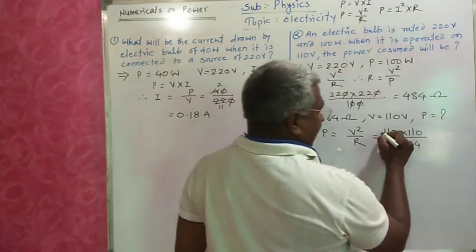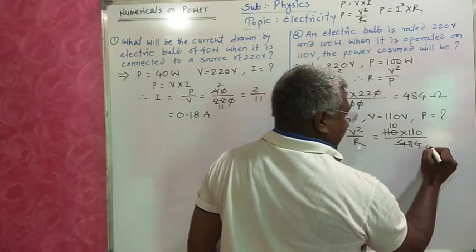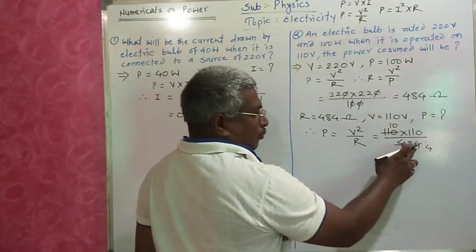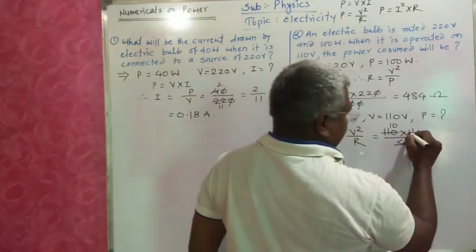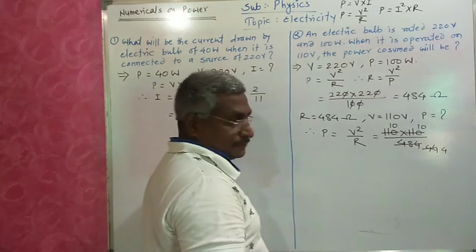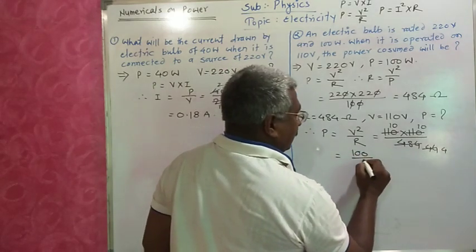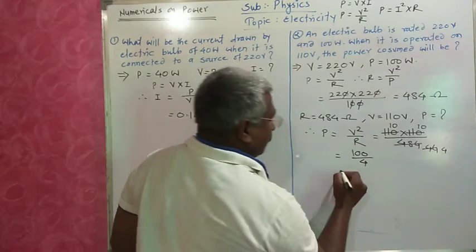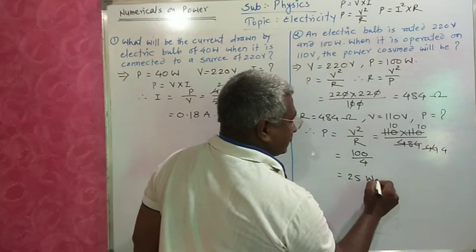Now see here, 11 fours are 44, and 11 tens are 110. So what will we get? 100 by 4. 100 by 4 means 25 watt.